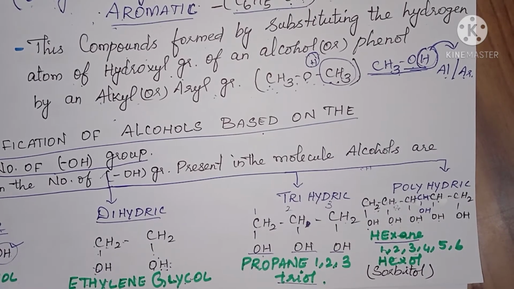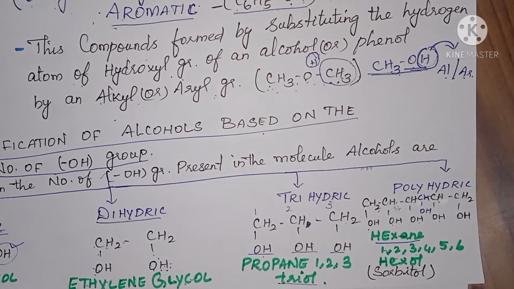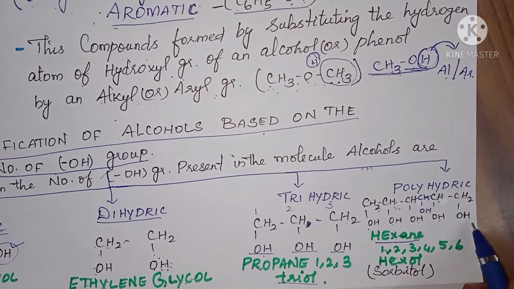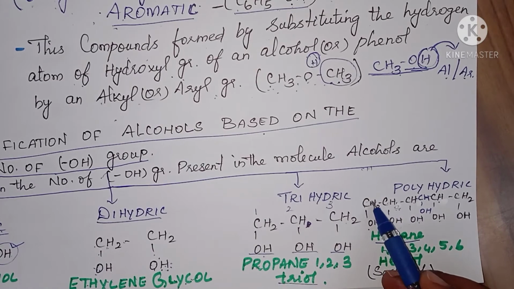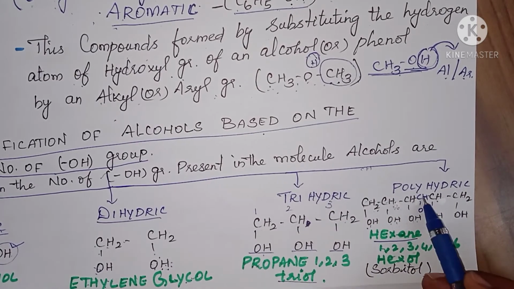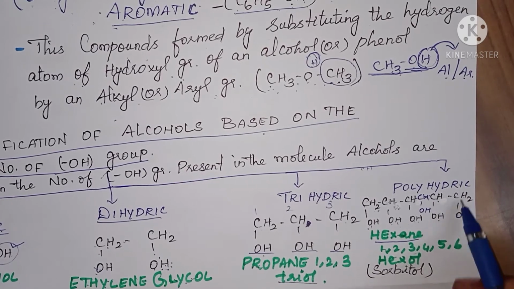Remember that whenever you write a formula or compound's name, CH3, CH2, CH2, CH2, usually we write like this. So in each group one hydrogen is replaced, and in that place the OH group will sit. According to that, CH2OH, CHOH, CHOH, CHOH, CHOH, CH2OH.